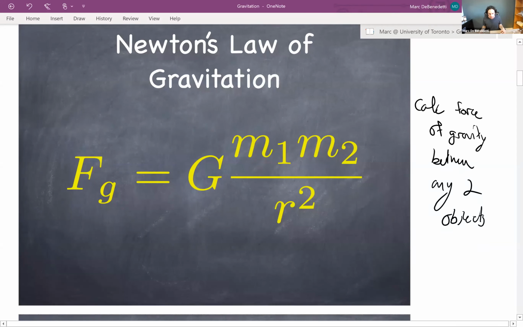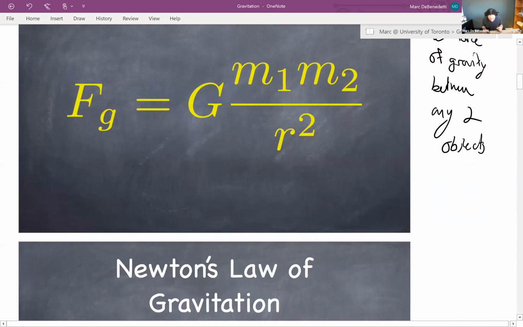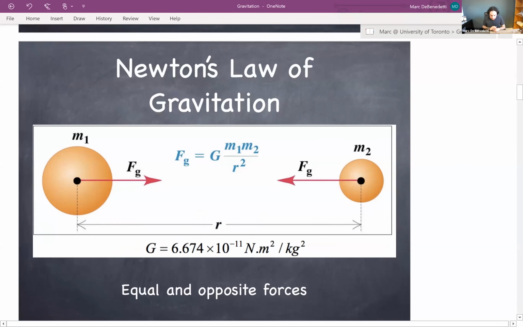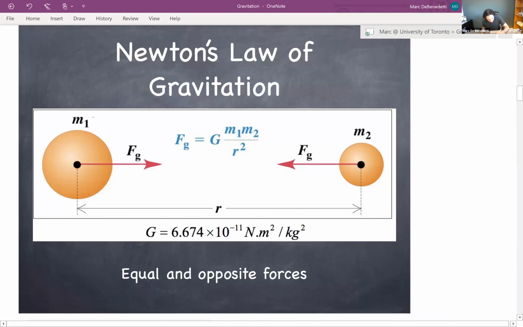The real beauty of this equation is that if you have mass, you can distort the gravitational field, meaning you can exert gravity on another object. You can attract another object. Earth is not the only thing that can exert gravity. This could be me, and this could be my cat, which technically has a smaller mass than me.